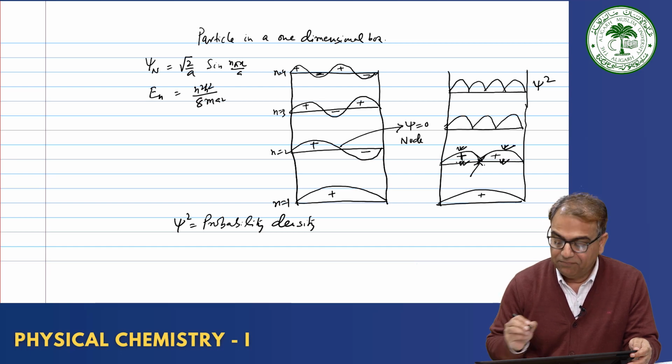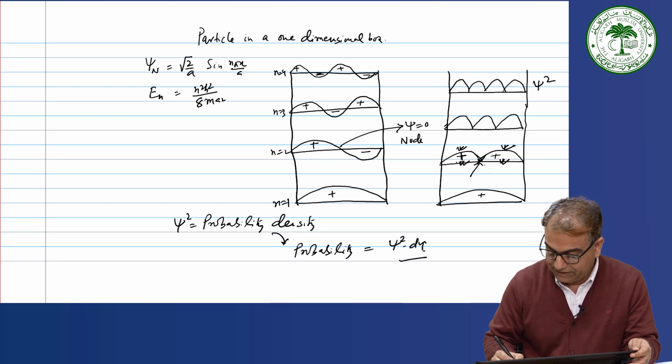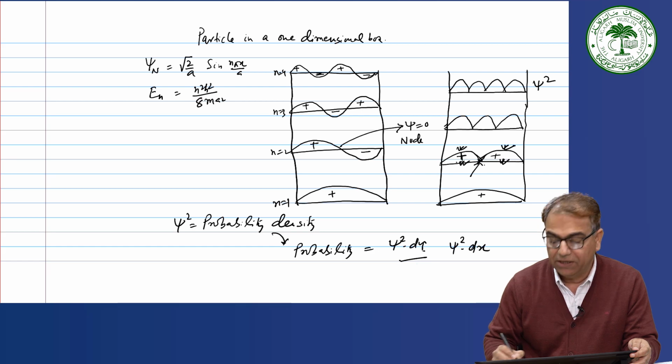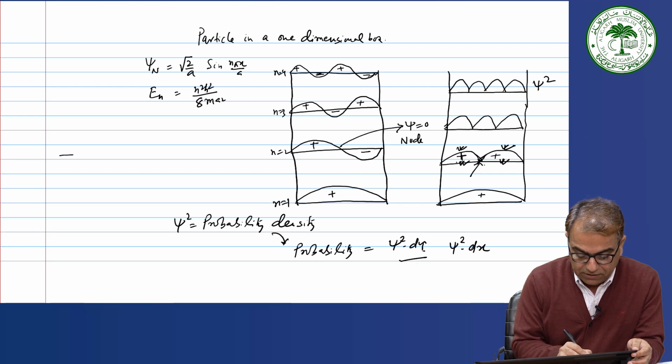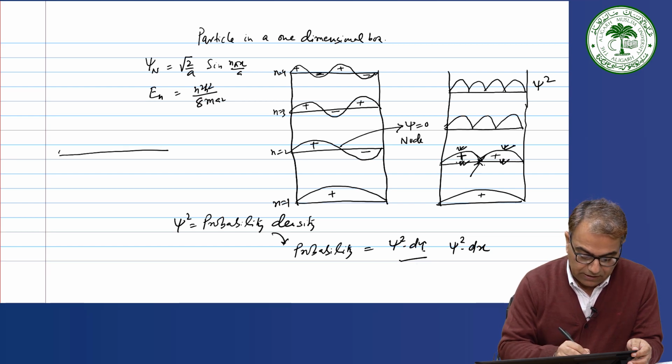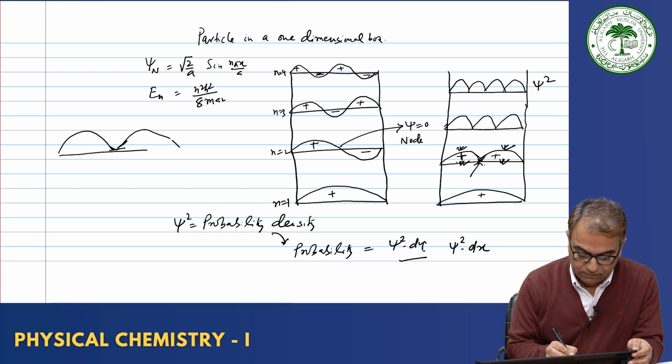Now see, what we have plotted is the probability density. So in order to convert this probability density into probability, you need psi square d tau value, and in this case it will be more specifically psi square dx. So if you look at the finer picture of a plot like this one, where it is touching at this point, let me draw it again.